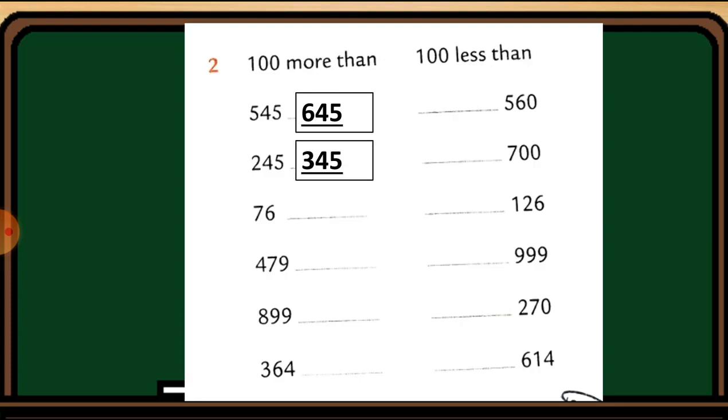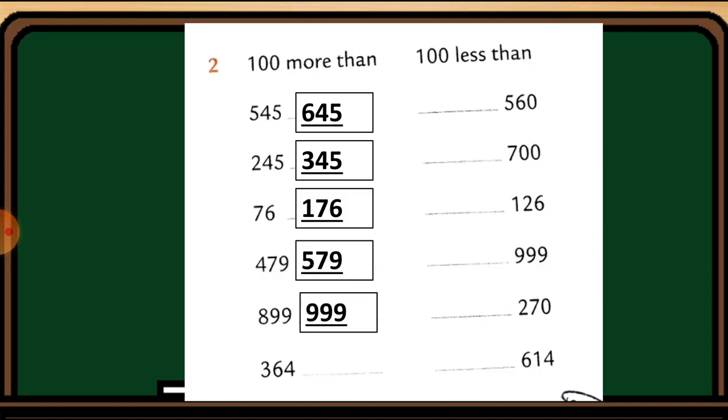Next one 76, so the answer is 176. Next one 479, so the answer is 579. 899, so the answer is 999. 364, so the answer is 464. Now the less than 560, so the answer is 460.